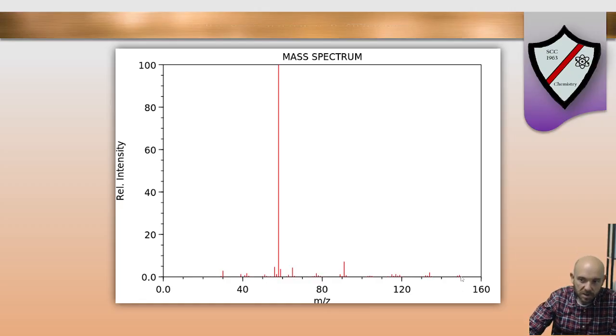So we can see that most of these are fragments of the parent molecule that have fallen apart, but there's one small peak down here at the very end that would be the molecule with just one electron removed, and we see that small peak at 149. So I know the molecular weight of this molecule is 149.